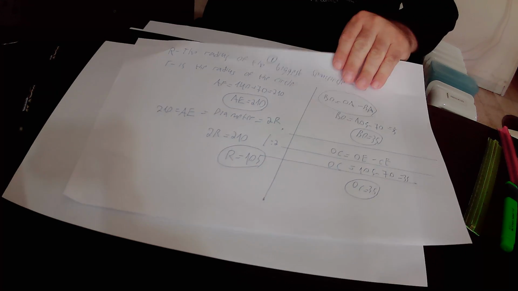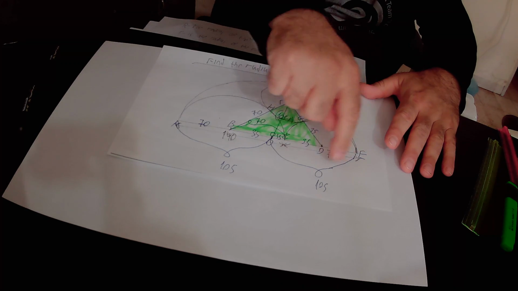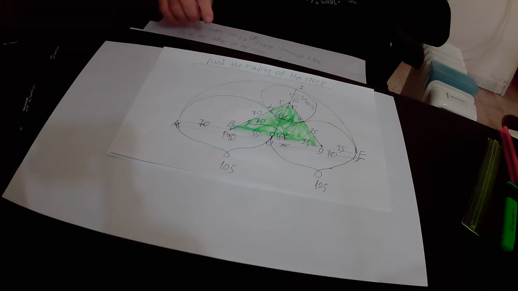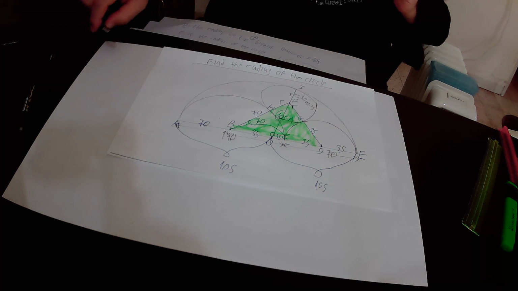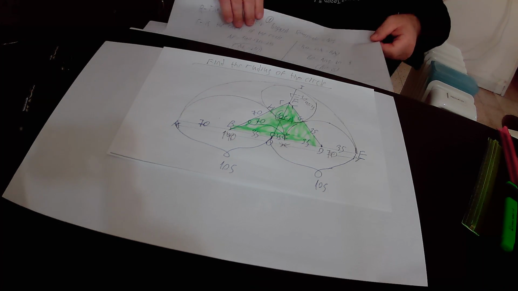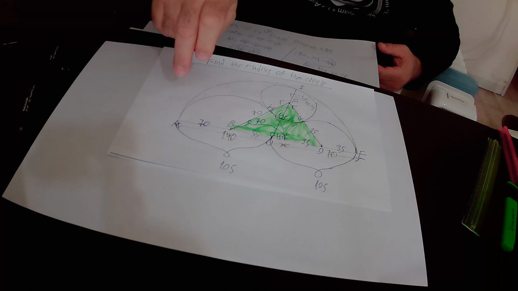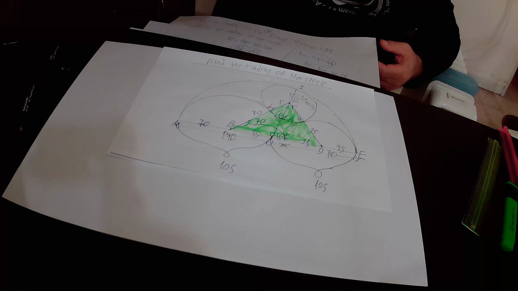But what is AE actually? AE is the diameter of the biggest semicircle. And we know that the diameter of any circle or semicircle is twice as long as the radius. So if the radius of this biggest semicircle is capital R, the diameter must be 2R.